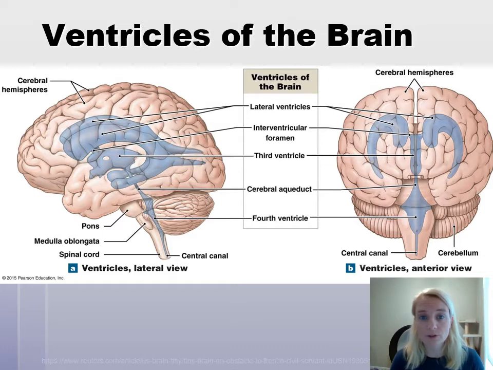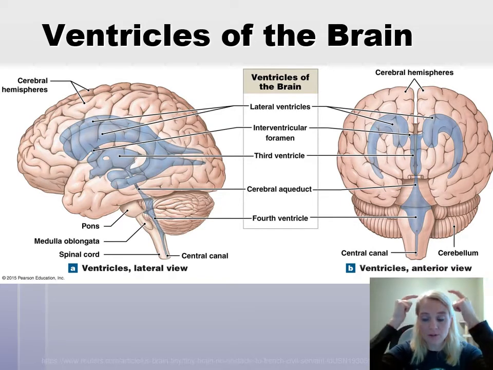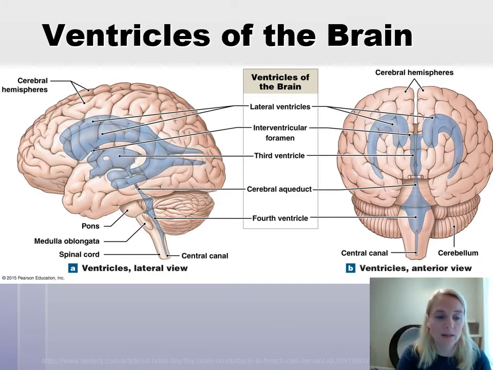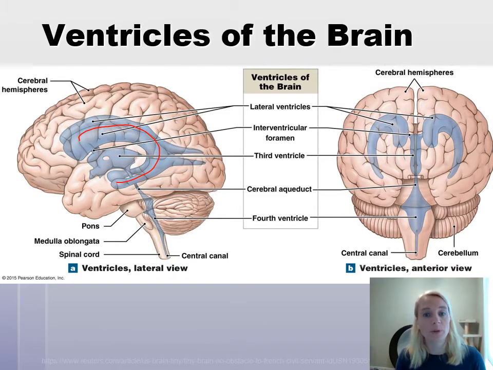There are 4 ventricles. The first 2 are not called first and second, like the third and the fourth are. They are just called lateral ventricles. They're symmetrical. They sit off center in the area of the cerebrum, and they curve around like ram's horns, if you will. We can see that pattern here, and we'll see that pattern repeated in some of the other structures in the cerebrum and the limbic system.